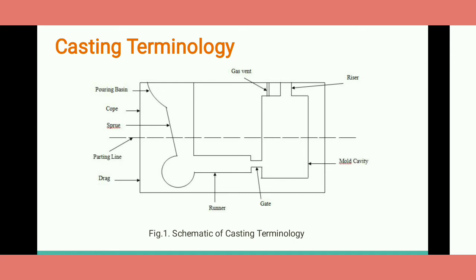Next to it there is a sprue. That sprue is always made in a taper form because, at the beginning of the sprue, the whole cross sectional area is not covered by the molten material, because the flow rate increases slowly.